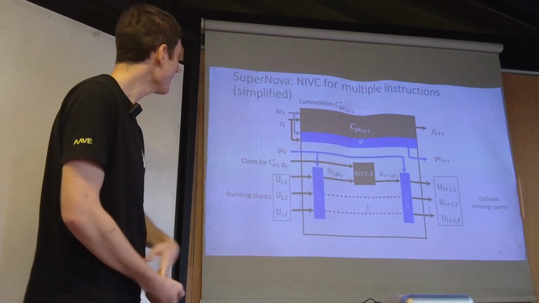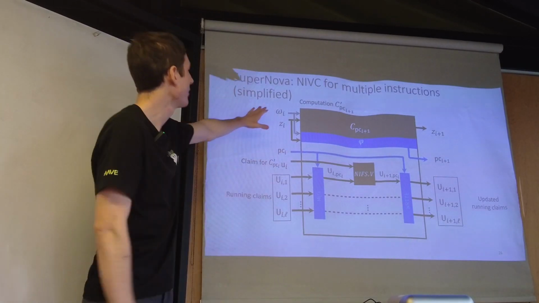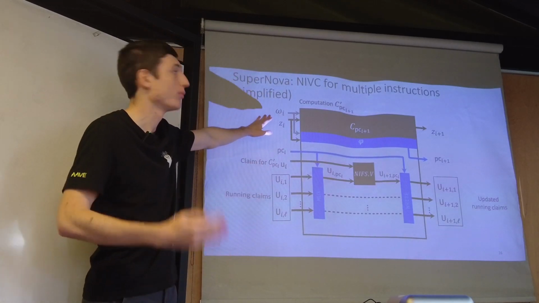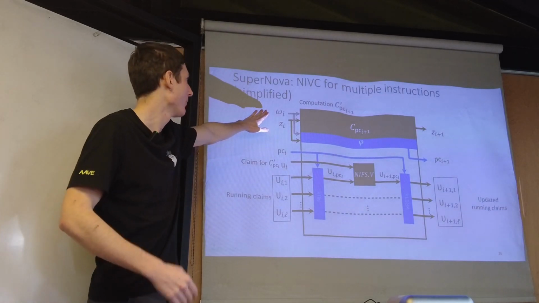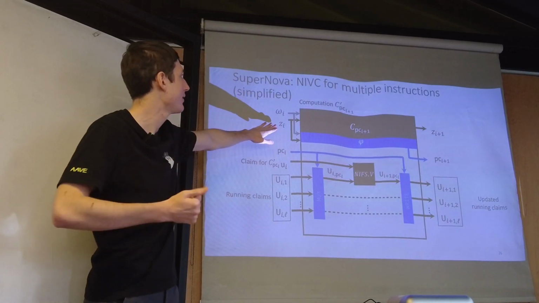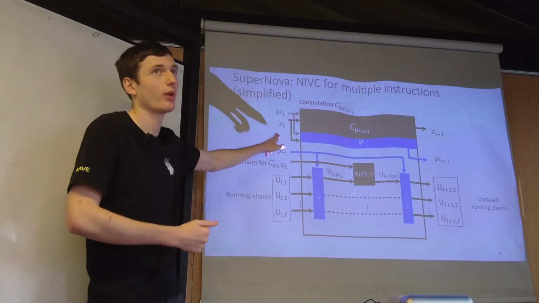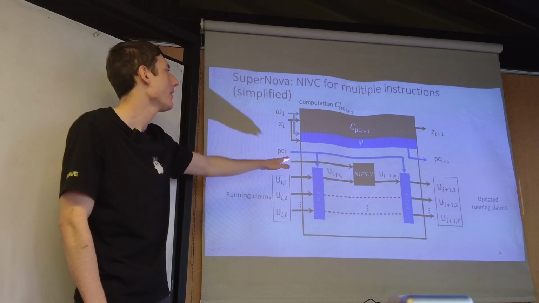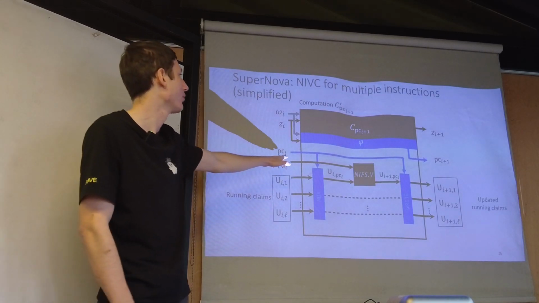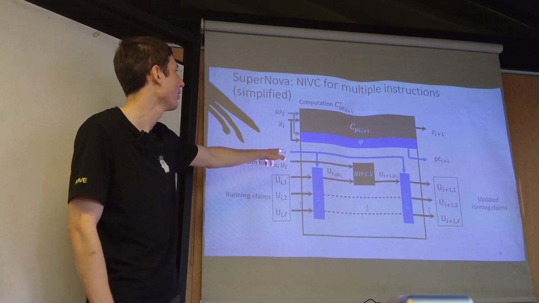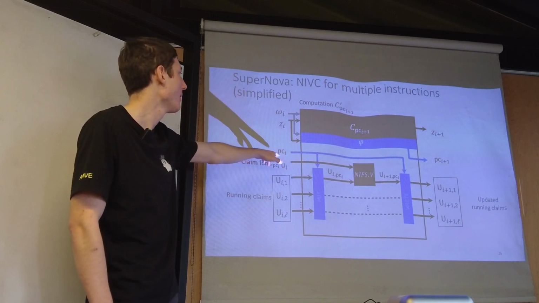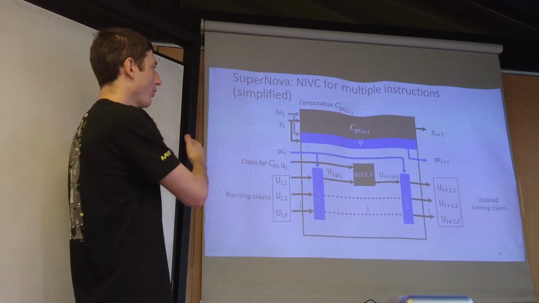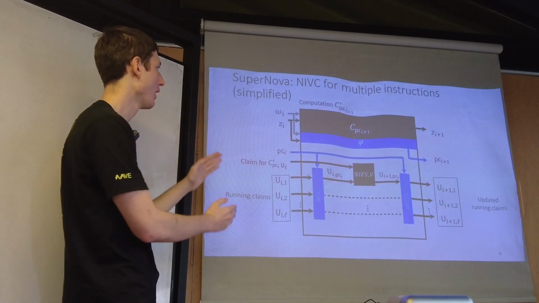Okay, so basically SuperNova, at each step, is going to take all of those inputs. So the witness, that is the input that often we want to keep private. This is the output from the previous step that we are going to pass each time. It's called PC, but it's not a good name. It should just be called J, because J_{i-1}, basically it's the index of the previous instruction.